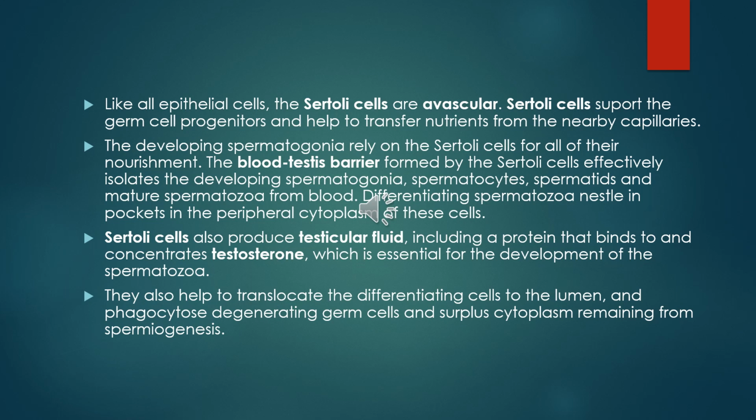Then third function, it also produces testicular fluid including androgen binding protein, so it binds to and concentrates the testosterone, which is essential for the development of spermatozoa. And the fourth one is it helps to translocate the differentiating cells towards the lumen. It also phagocytoses the degenerating germ cells and surplus cytoplasm remaining from the spermiogenesis.